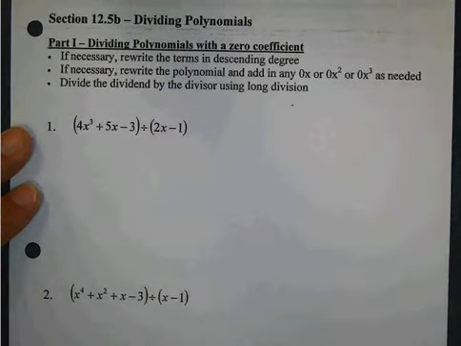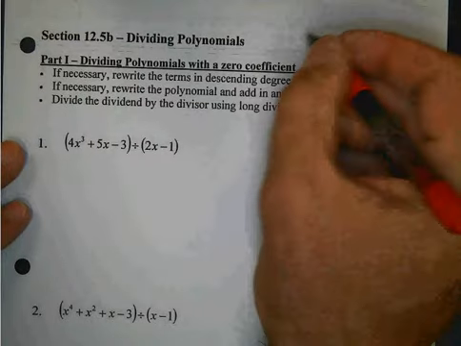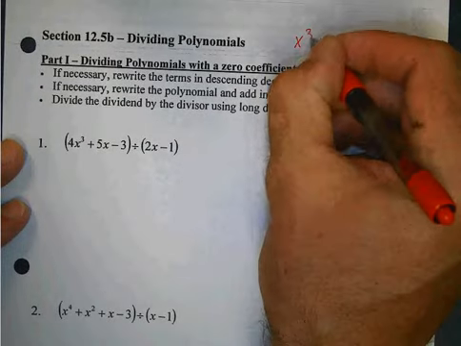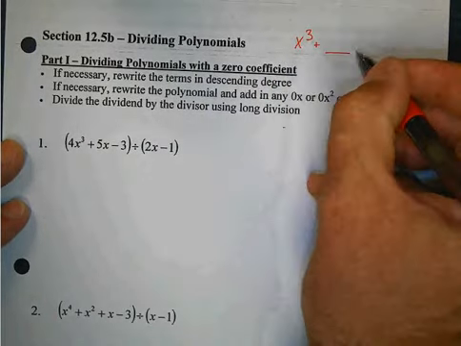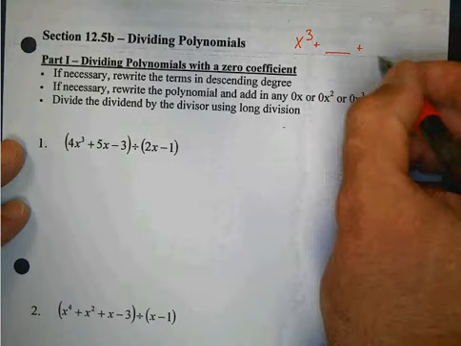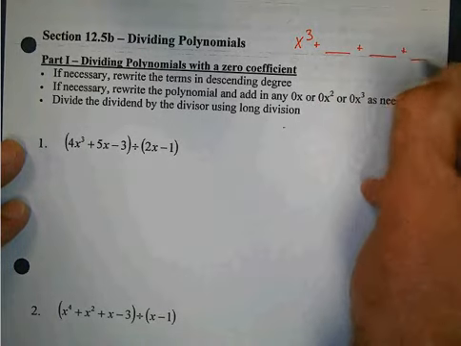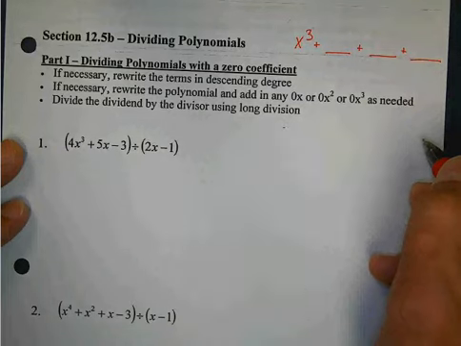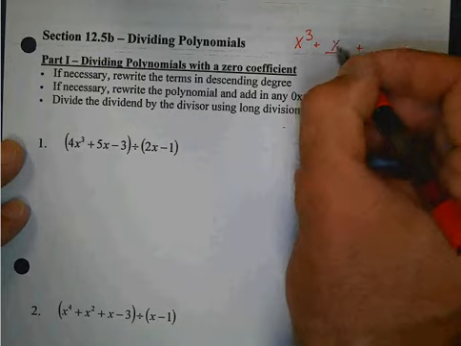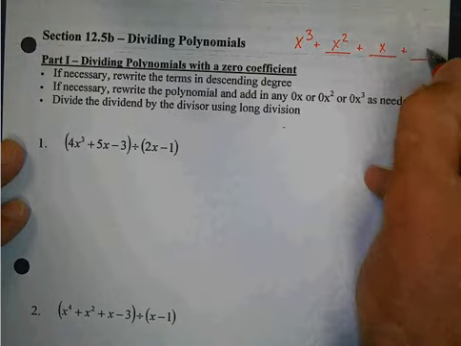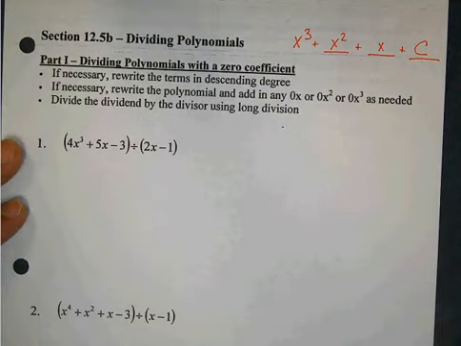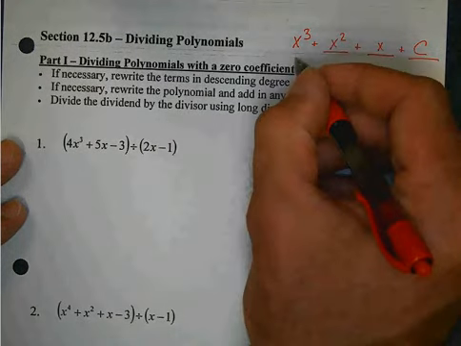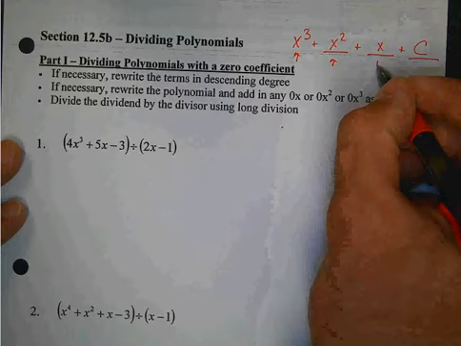So if the highest part of our problem has cubes, then we need to have something that squares, and something with x's, and then a constant. I'll put a C for constant. We always need to have placeholders in there when we're doing long division.